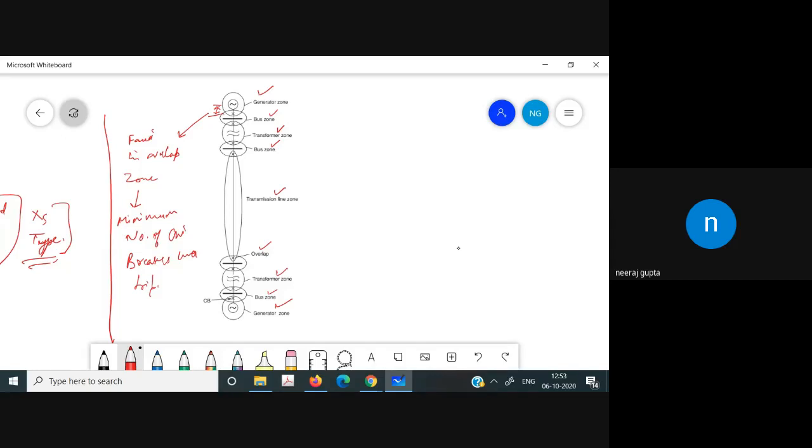Each zone can be implemented, that is, the protection in each zone can be implemented by different protection schemes. Like in the generator, we are using a different protection scheme, and then the bus bar protection is different. We are using differential in that, and in the transformer we are using differential. Then in the bus zone we are using differential.